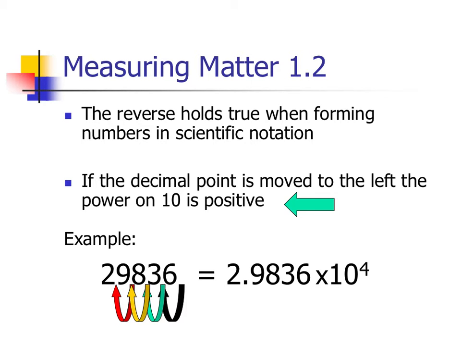Now, when we do the reverse, if it's a big number, we need to have a positive exponent. Again, using the number in the bank account as the analogy is not a bad thing. We have to use what helps us.